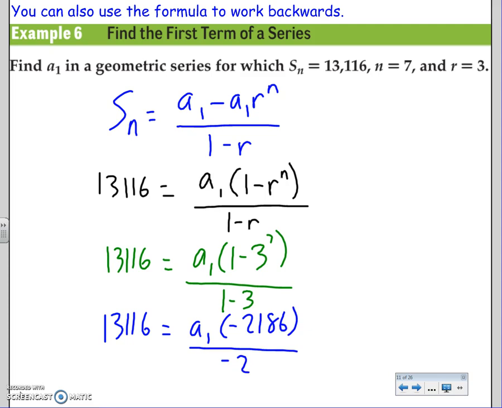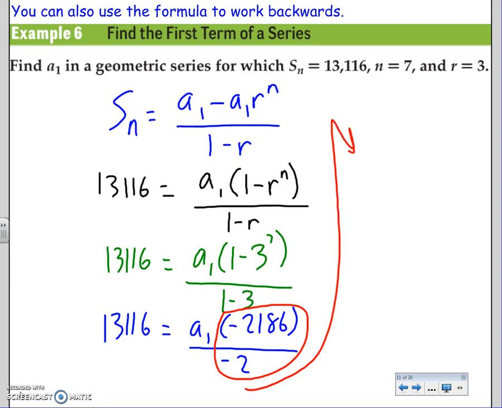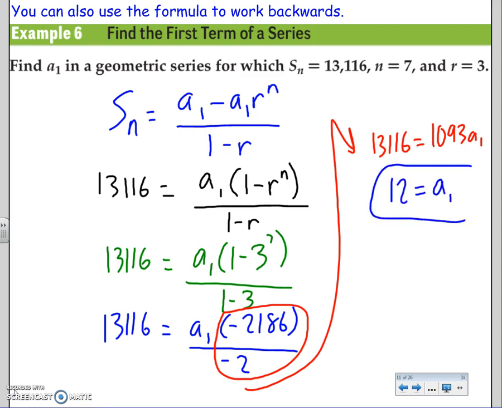I could multiply both sides by negative 2, or actually, I could just reduce this right here. That simplifies. So we're at 13,116 equals 1093 a1. I divide by 1093. I get 12 equals a1. And we found the first term.